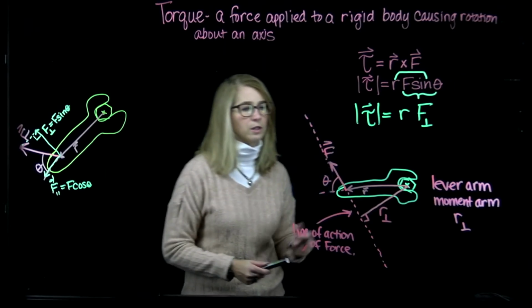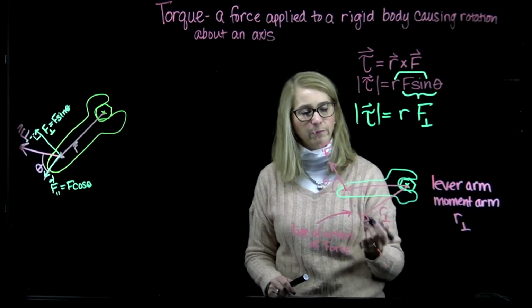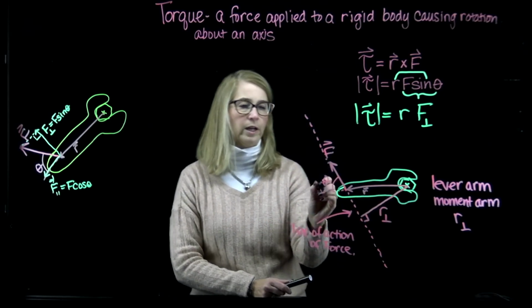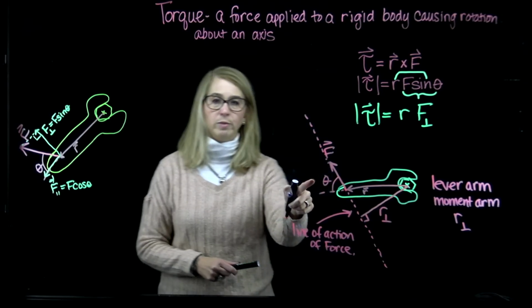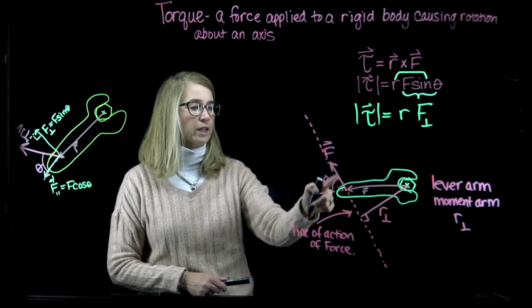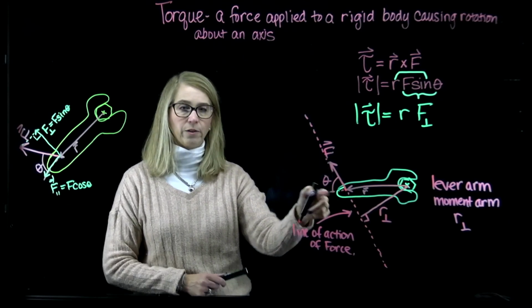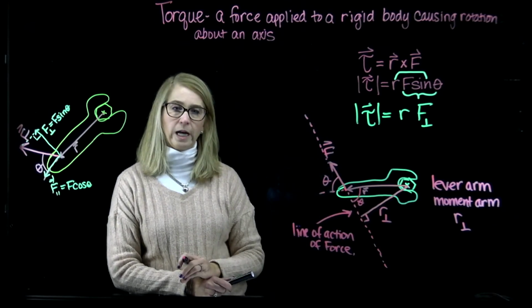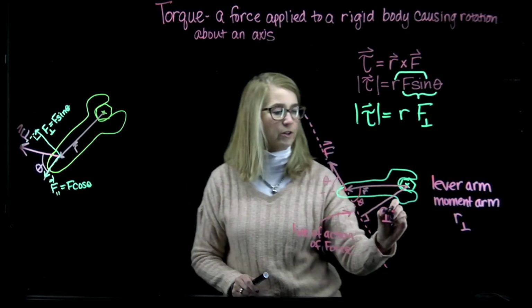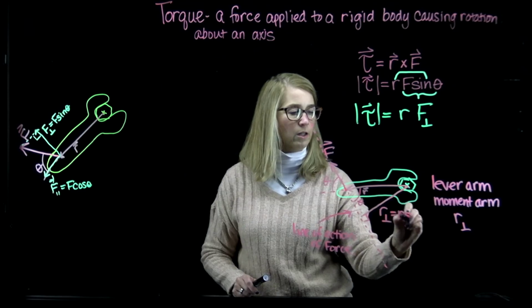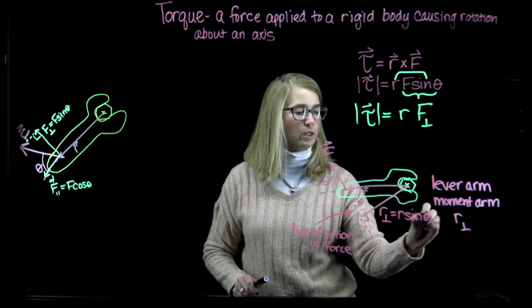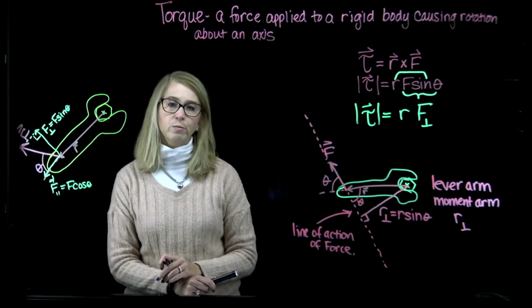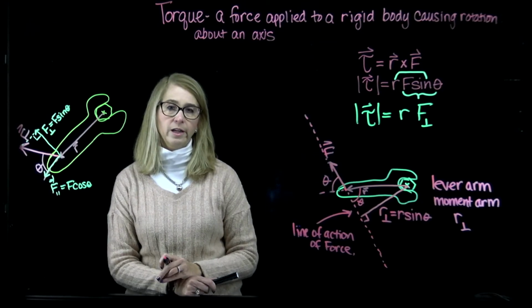And so if we start thinking about it, now we can see, okay, right here is the angle between the radius vector and the force, and we call that angle theta, but notice that this is theta as well. And calculating R perpendicular, we could do using our trig, would just be equal to R times the sine of theta.